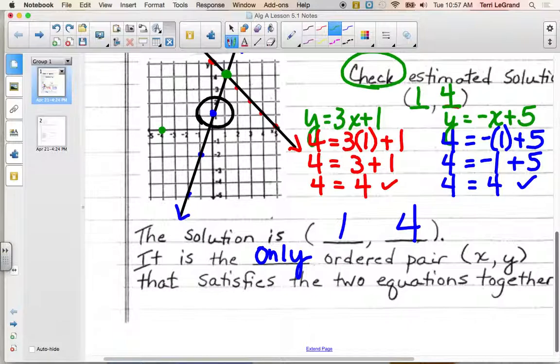So our brain wants to put the first number in for y and the second number in for x because of the order. But we have to override it and say, wait a minute. Even though 1 is first in the ordered pair, it can't go in for y because that's not a y, that's an x. So you're going to have to retrain your brain there.